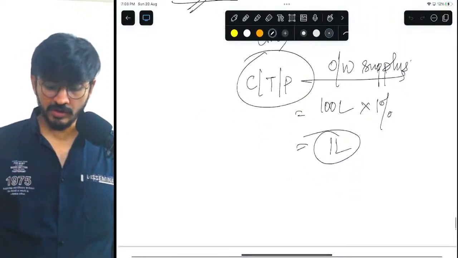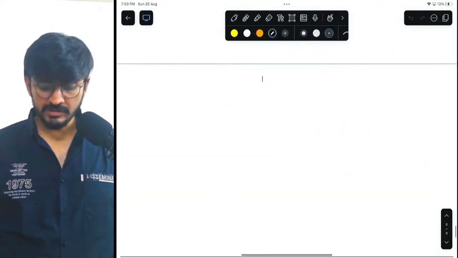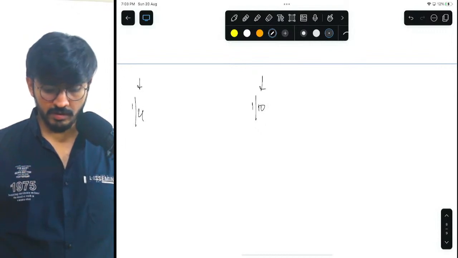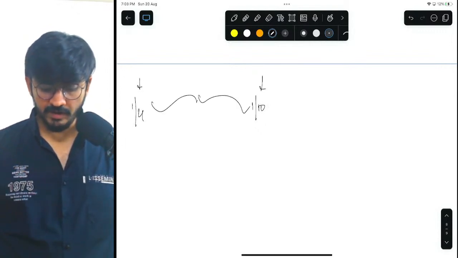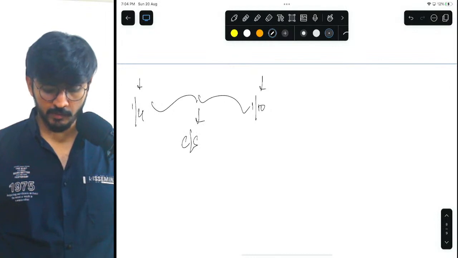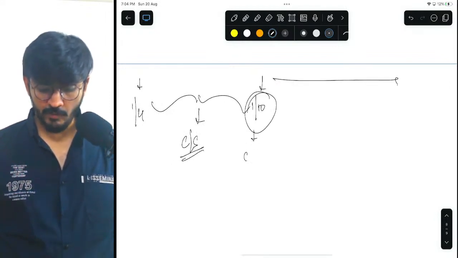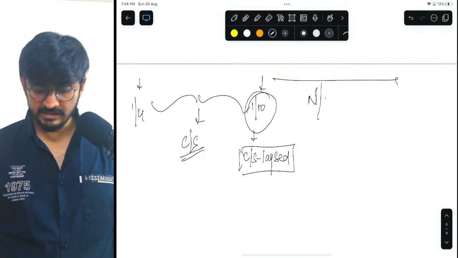Why? Very simple. Because if from 1/4 to, let's say, 1/10, you are paying taxes under the compo scheme, and now on 1/10, let's say the compo scheme has lapsed because you have contravened something, so the normal scheme starts.